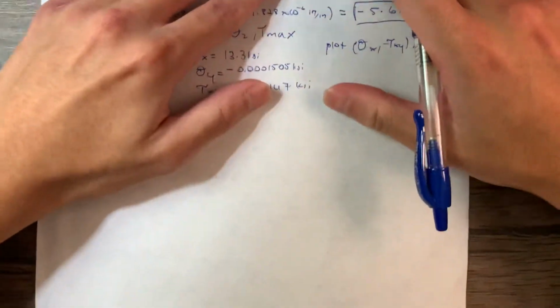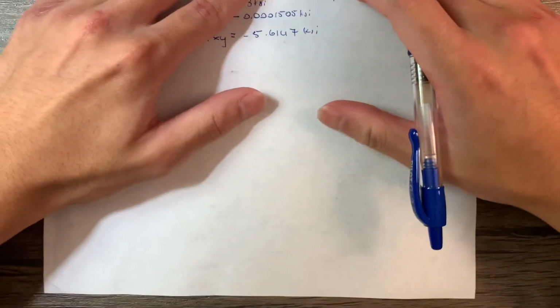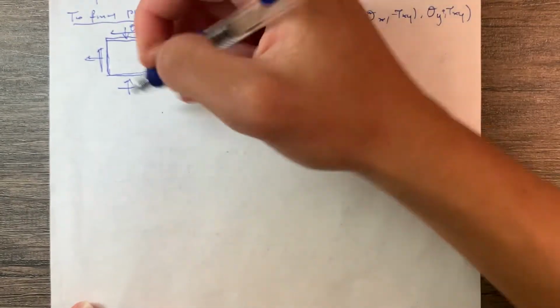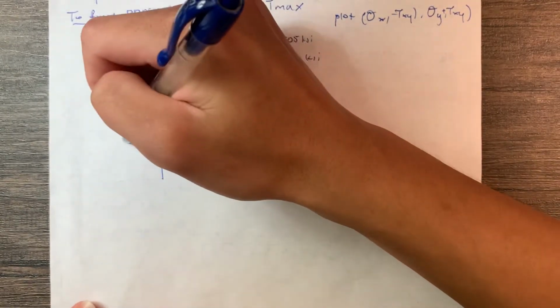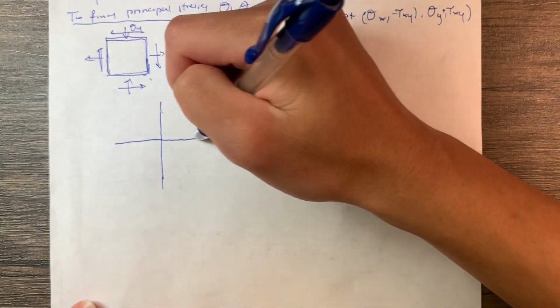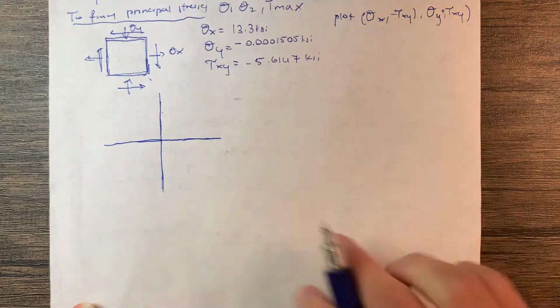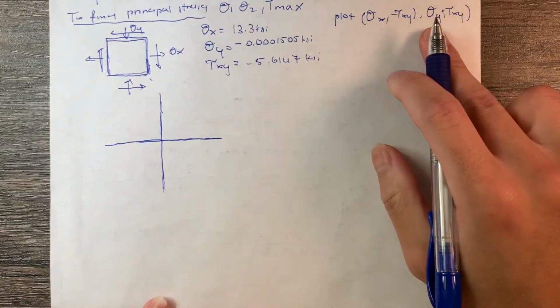All right, so this is our circle right here. Plot sigma x, negative tau xy.